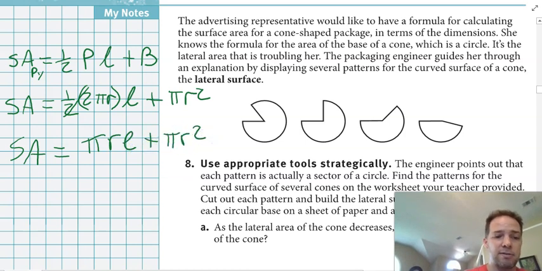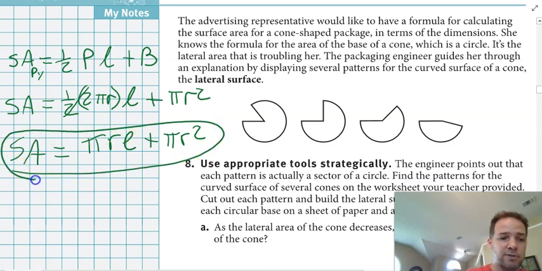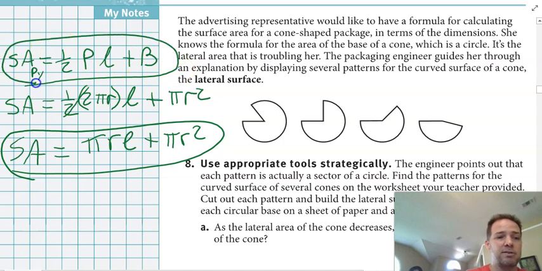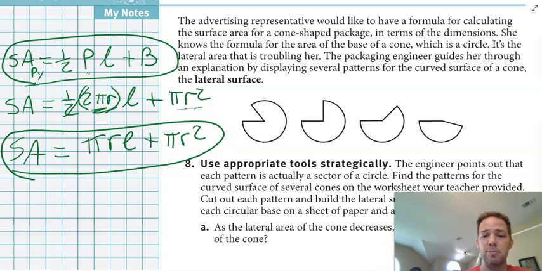So notice the formula that's on the formula chart for surface area of a cone is really just the same thing as the surface area of a pyramid, just written with the perimeter being the circumference of a circle, and area of the base is area of a circle, pi r squared. So if you didn't have the formula chart, but you knew one of these, you'd be able to figure out the other one.